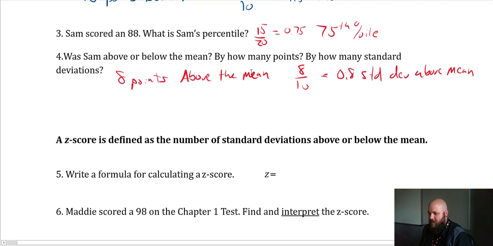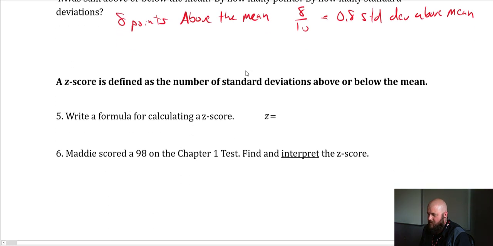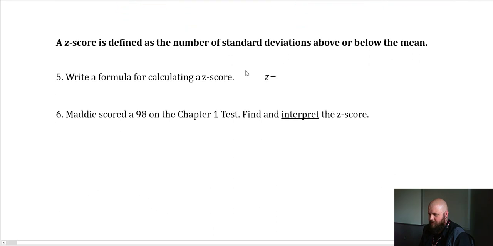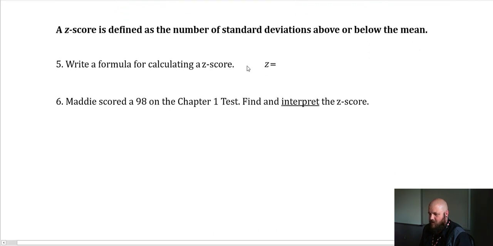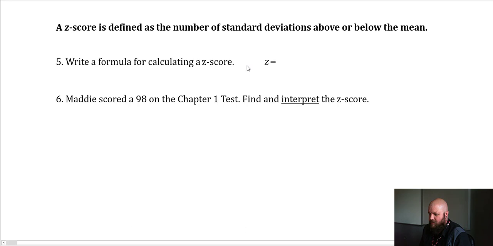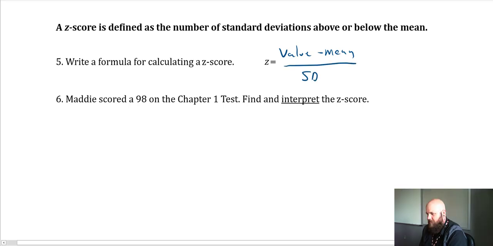We're talking about percentiles, right? So let's go into this with a z-score. A z-score is defined as the number of standard deviations above or below the mean. The formula for that is your value minus your mean, all divided by your standard deviation.